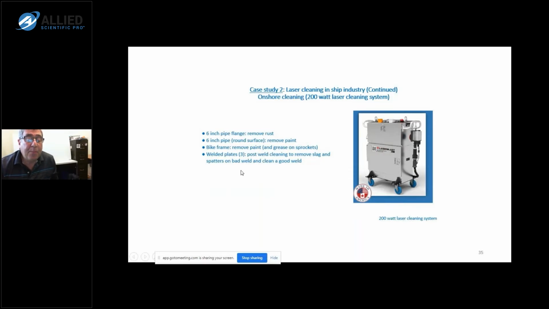A bike frame was cleaned, grease on sprockets and welded plates, and post-weld cleaning to remove slag and spatters on a bad weld and a good weld. So these are some operations that were attempted. It didn't really work well for slag and spatters, but it cleaned the rust and paint very well.